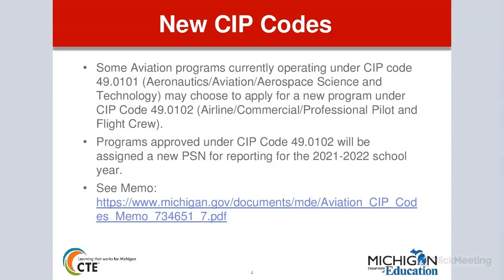If they do move to the new zip code, they will be assigned a new PSN for reporting for the 21-22 school year. There is a memo on our website, and you can click on this link to get more information about those zip codes.